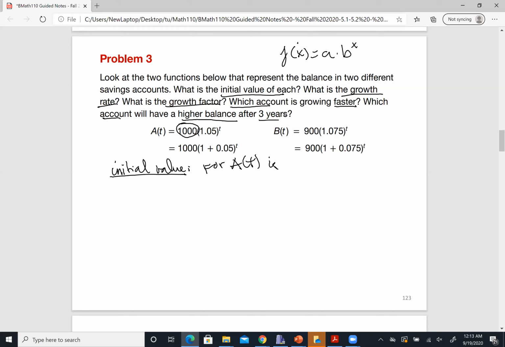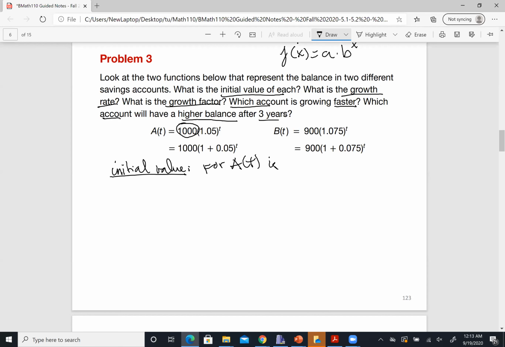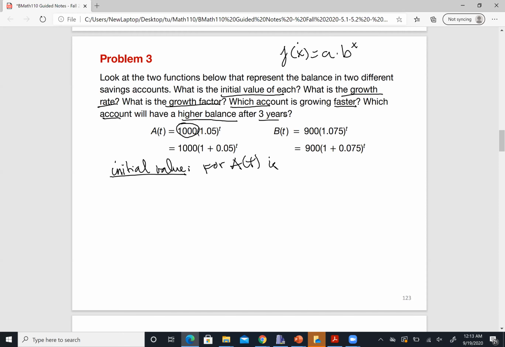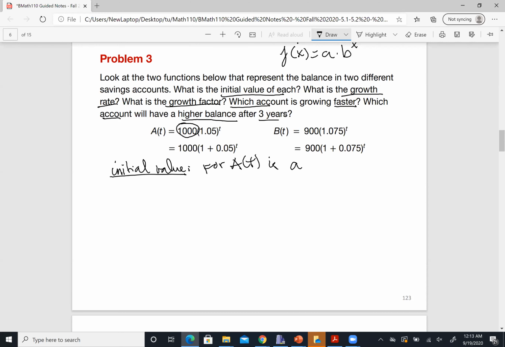In here, you should know that a is the initial value. So when you look back to the formula, for the function A(t), the 1000 here is going to be a. So a1 equals 1000.